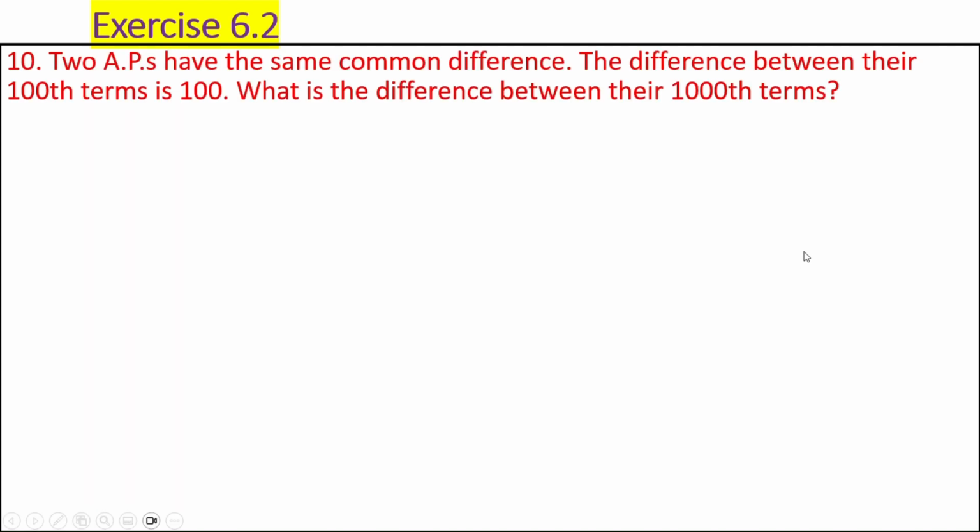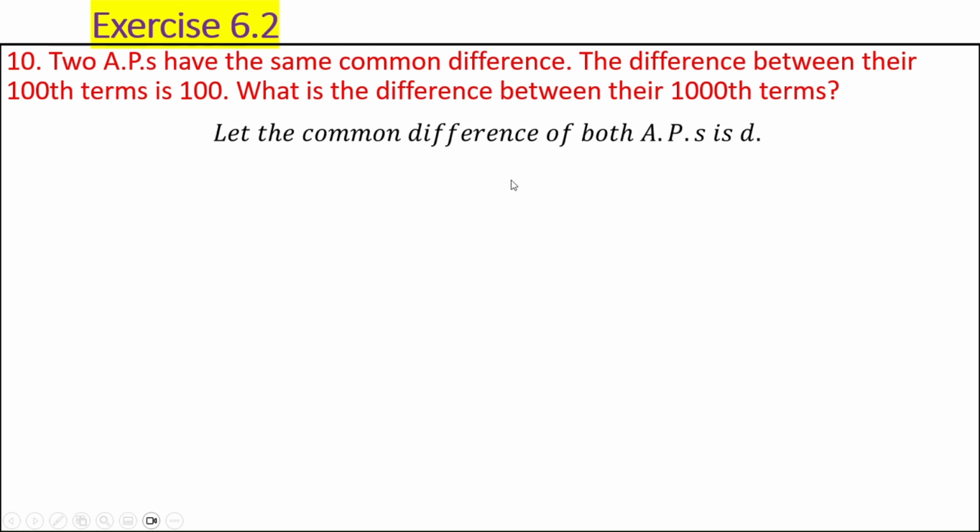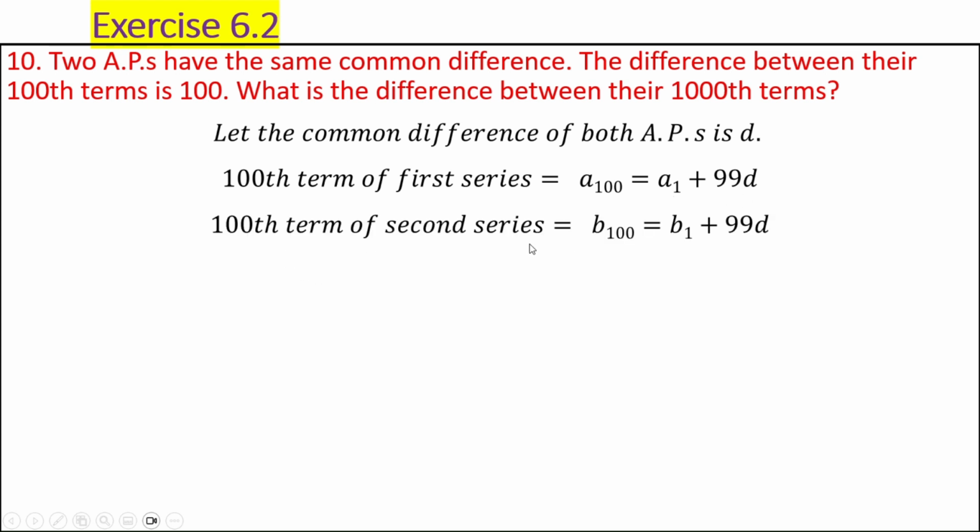Next, two APs have the same common difference. The difference between the 100th terms is 100. What is the difference between the 1000th terms? Okay, so there are two APs. The common difference is D only for both of them. Let's say the 100th term of the first series is A100 equals A1 plus 99D. The 100th term of the second series is B100 equals B1 plus 99D. D is the same. Now it is telling B100 minus A100 is equal to 100.